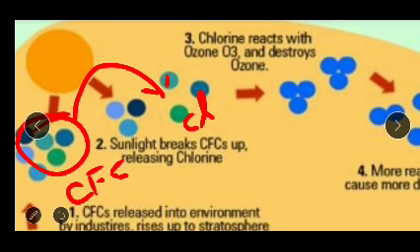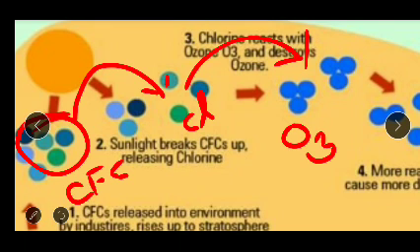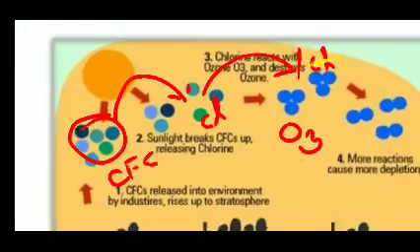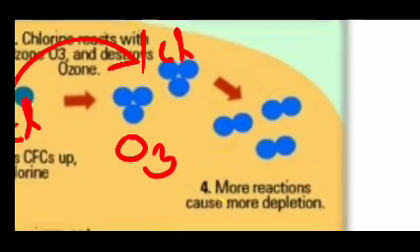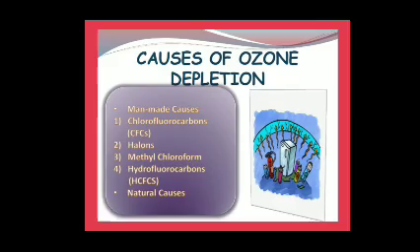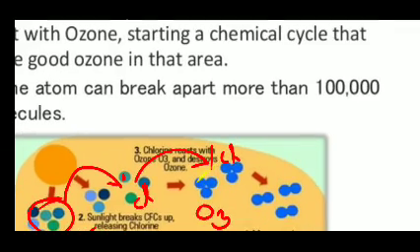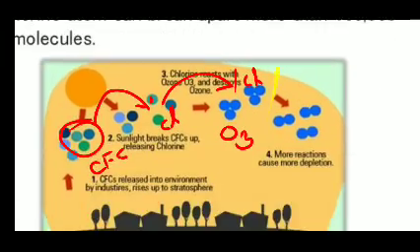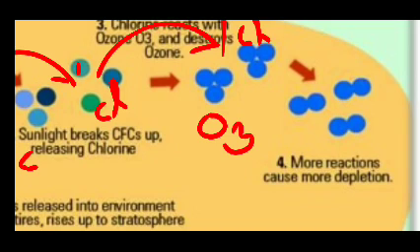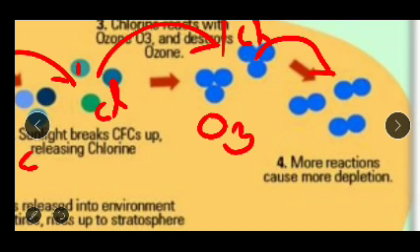This chlorine atom interacts with ozone. These are O3 molecules. These O3 molecules interact with the chlorine atom, then form chlorine monoxide and oxygen.